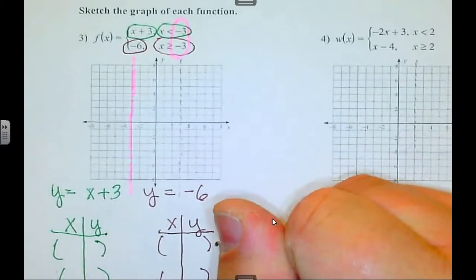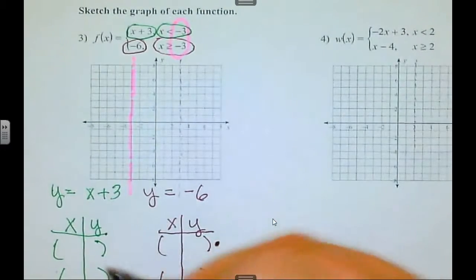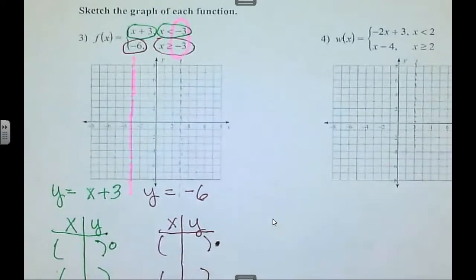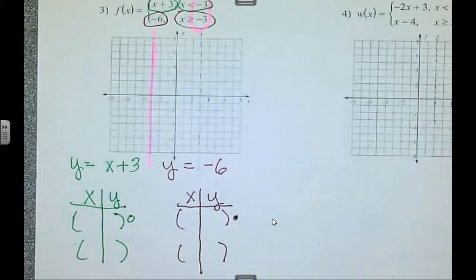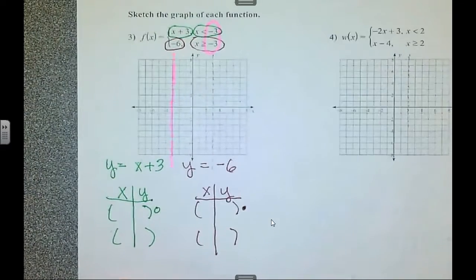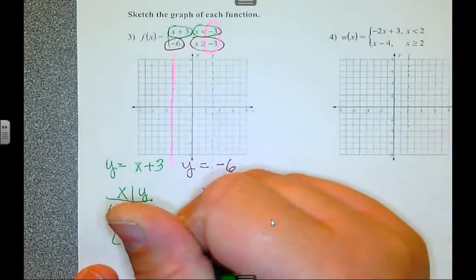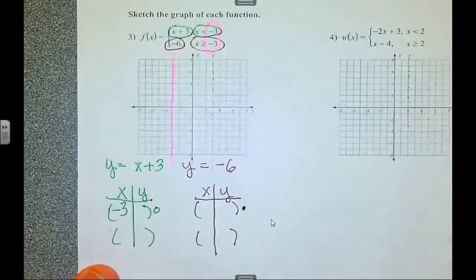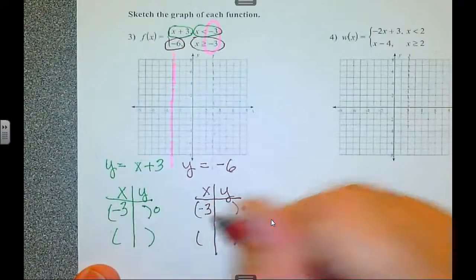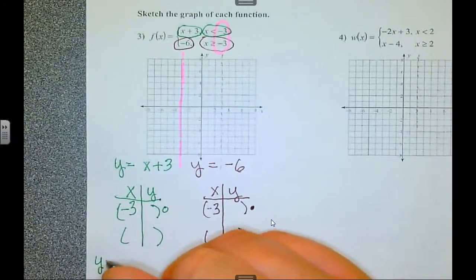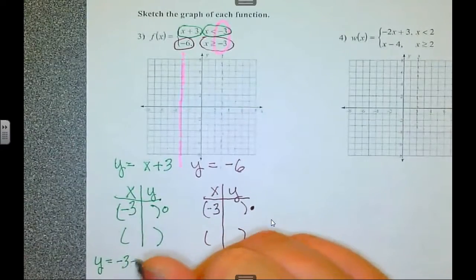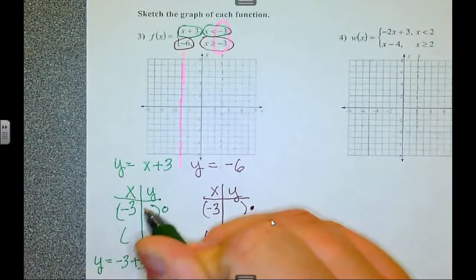So that's a closed circle, which means this is an open circle. Okay, I have to use the boundary -3 coordinate. So I plug negative 3 in. Y equals negative 3 plus 3 gives me 0.